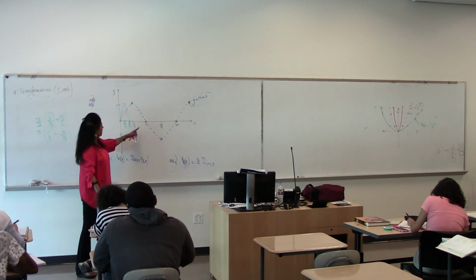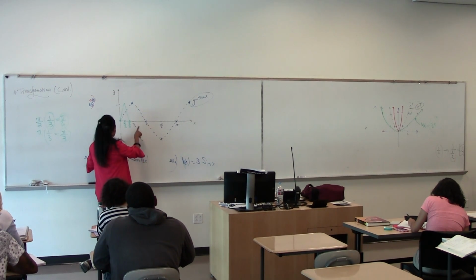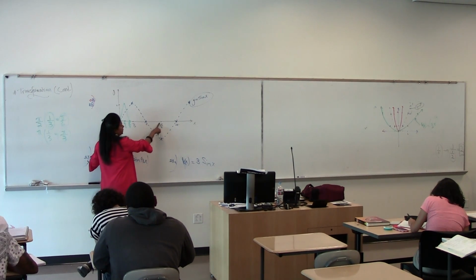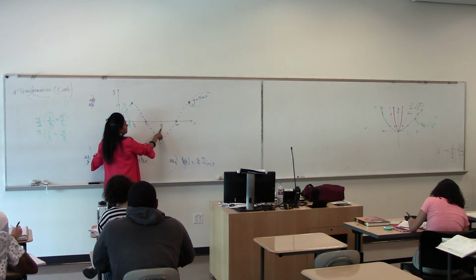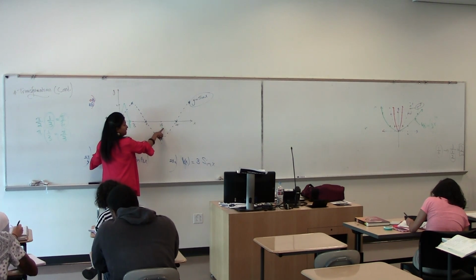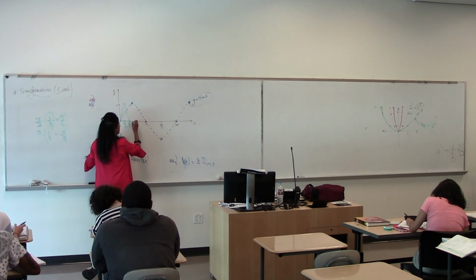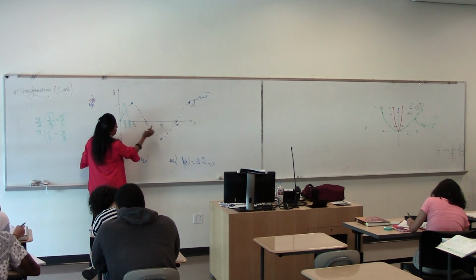Okay, let's do this one now. We did this, we have to do this one. 3 pi over 2, I'm sorry. 3 pi over 2 multiplied by 1/3 is going to be pi over 2. So now this is pi over 2. At pi over 2, what will happen?